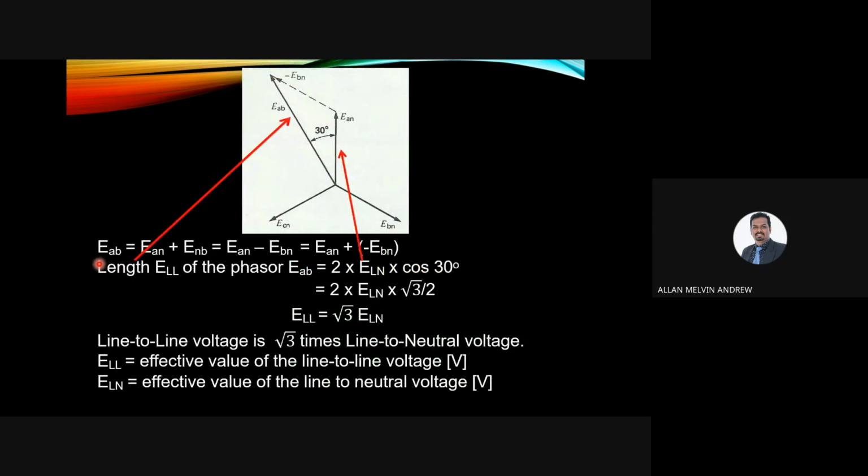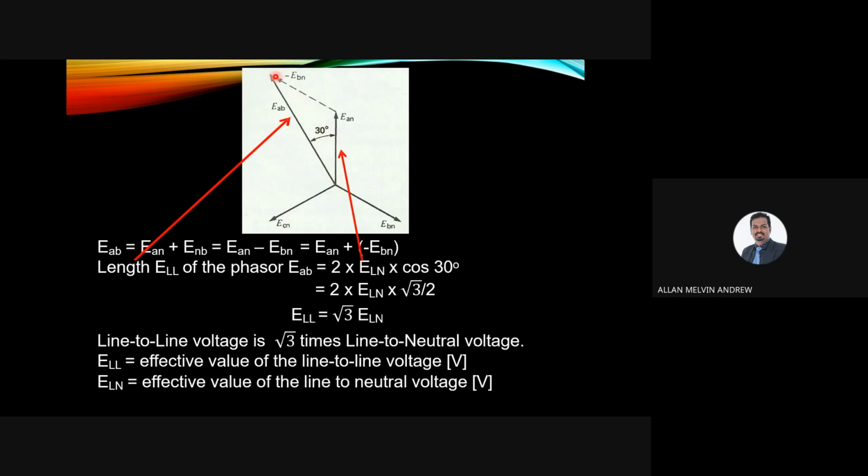Okay, EAB, you can see here. So this is an example. EAB here is actually the combination. You see the arrow. This is a vector.